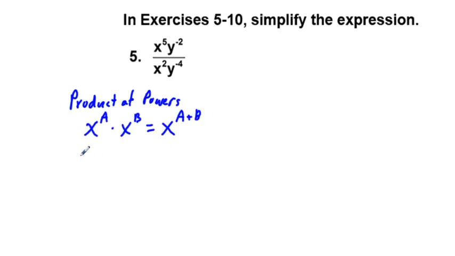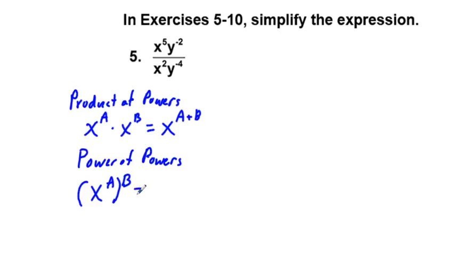Next, there is the power of a power, and that rule is x to the power of a, and that expression raised to the power of b equals x to the power of ab.